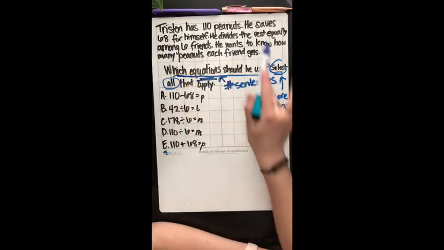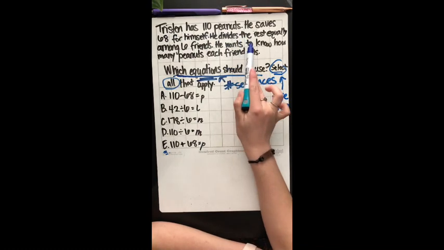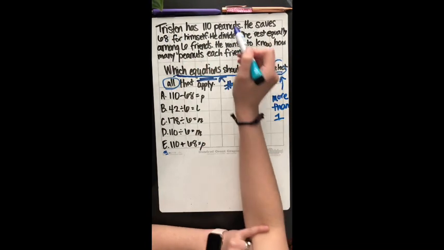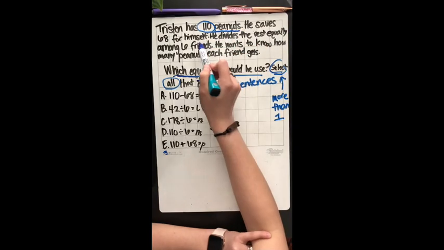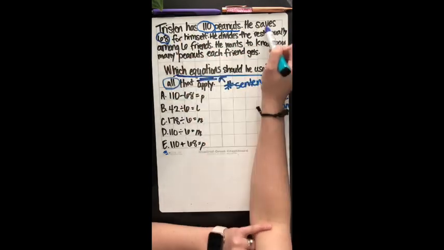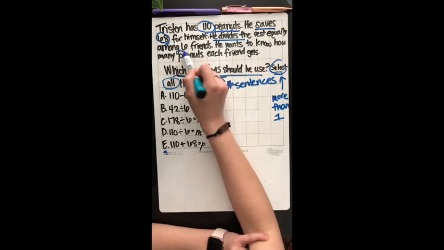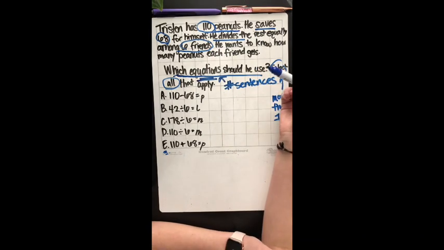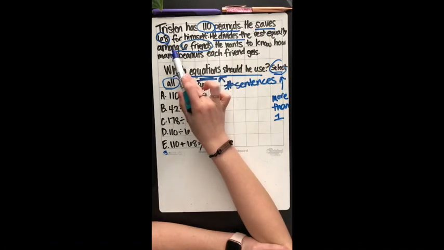So if I were just going to solve this and not worry about my equations, I would have to figure out what step to do first. Tristan has 110 peanuts. He saves 68 for himself. And then he divides the rest equally among 6 friends. So I'd have to stop and say, okay, what does it mean if I am saving 68?